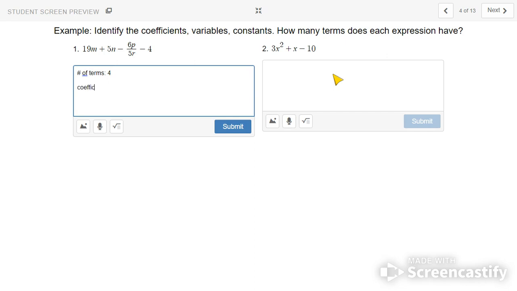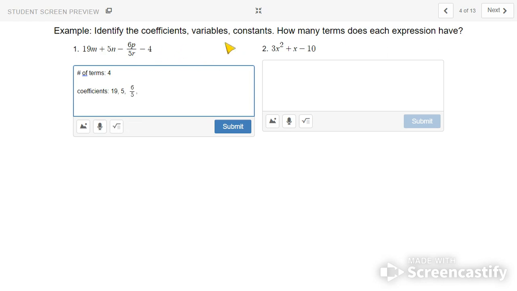Okay, the coefficients. Coefficients are the numbers that are multiplied to the variables. So in this case, 19 is a coefficient. 5 is a coefficient. 6 over 5, or you could separate them as 6 and 5, those are also coefficients.